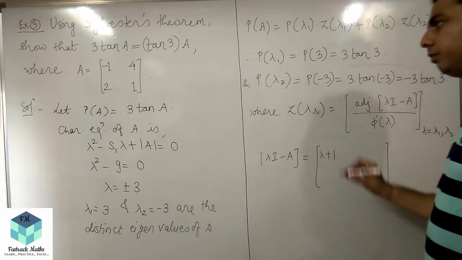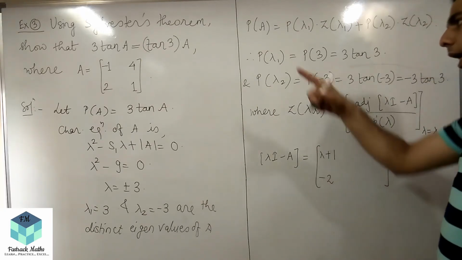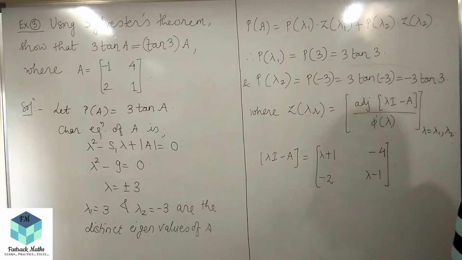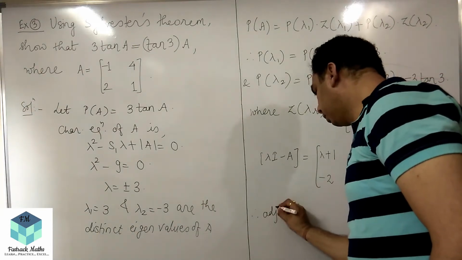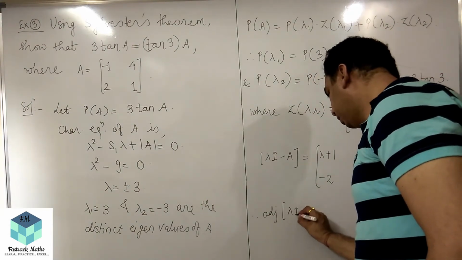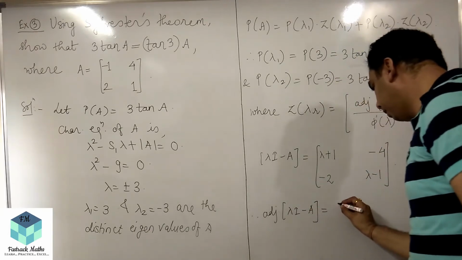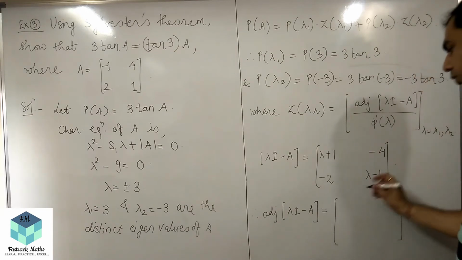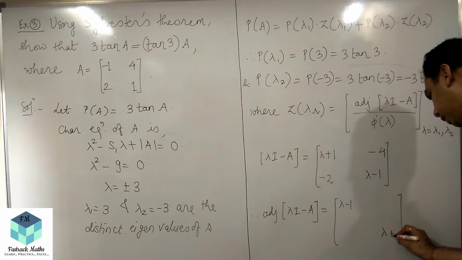The adjoint of lambda I minus A is obtained by interchanging the places of the diagonal elements and changing the sign of the other two, so it is [lambda minus 1, 4; 2, lambda plus 1].